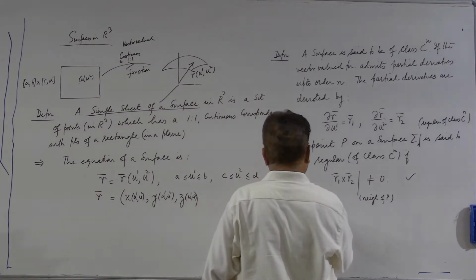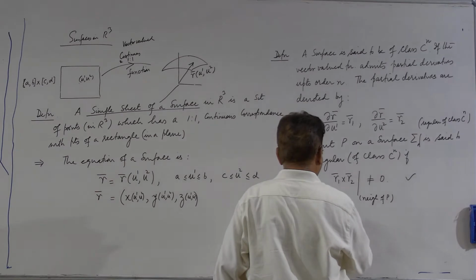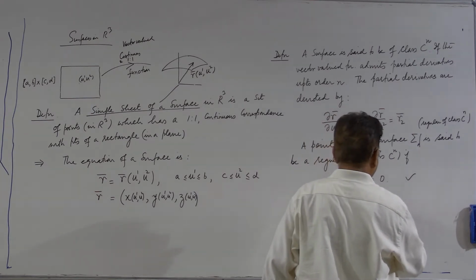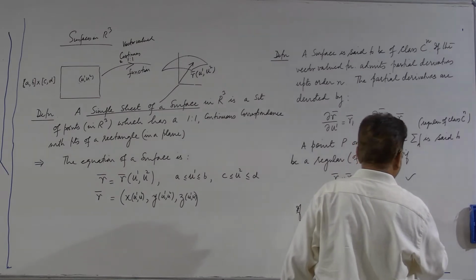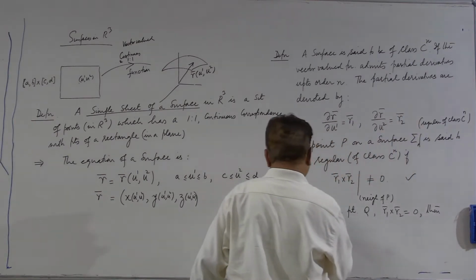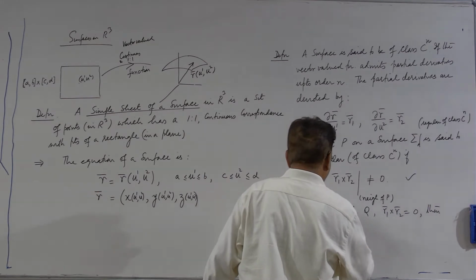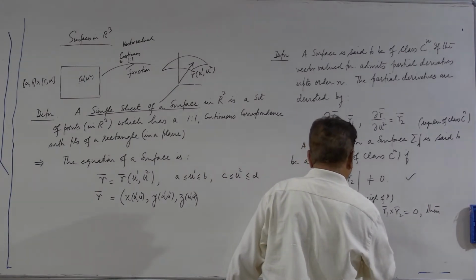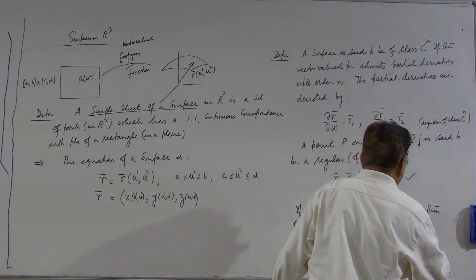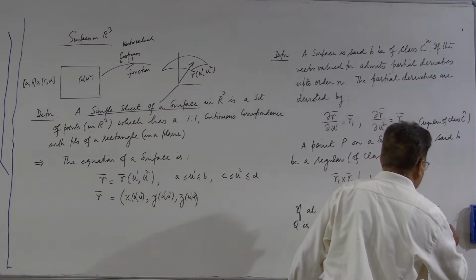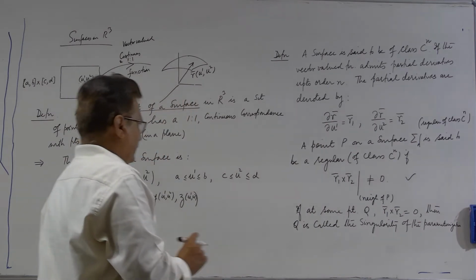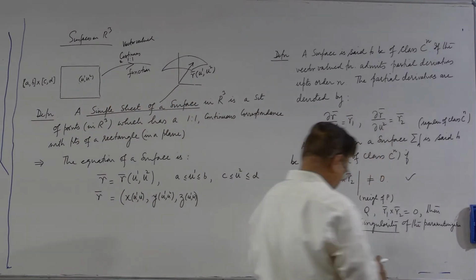If at some point Q, r1 cross r2 equals the zero vector, then we say that Q is a singularity of the parametrization. So, this is about the singularity.